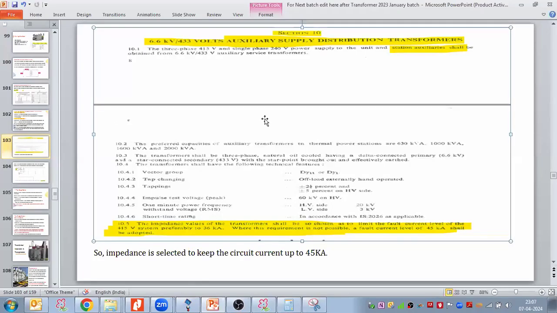This manual is telling that the impedance value of the transformer shall be so chosen as to limit the fault current level of the 415 V system, preferably to 36 kiloampere. But if this requirement is not possible, a fault current level up to 45 kiloampere shall be adopted.